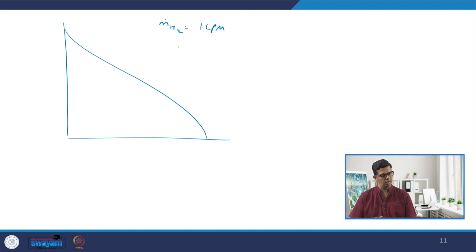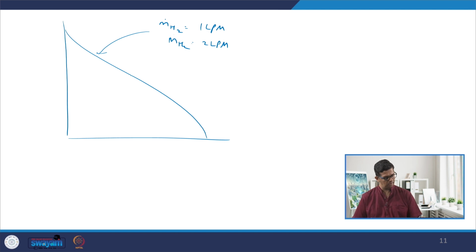Let us say this is m dot H2 for 1 lpm. What happens if this m dot H2 is, let us say, 2 lpm? As we can see, this flow rate and its effect typically come into picture in the third phase.